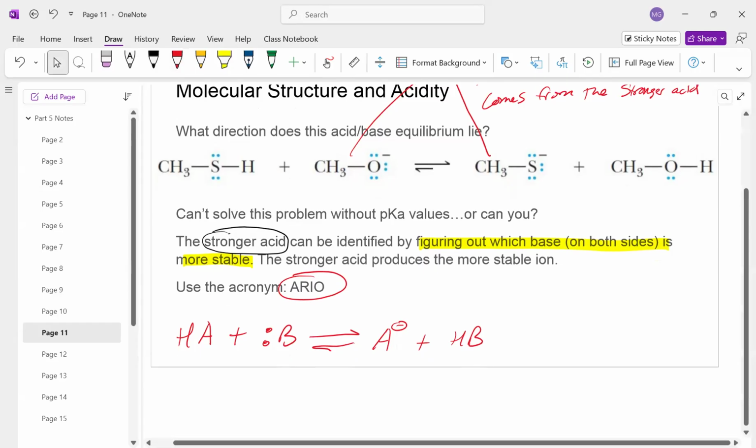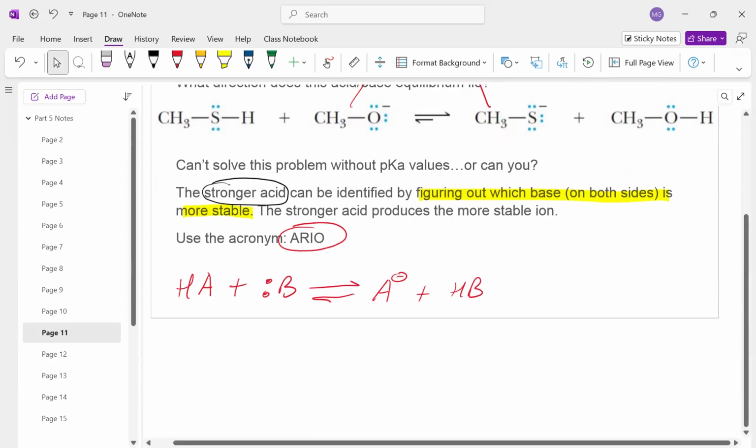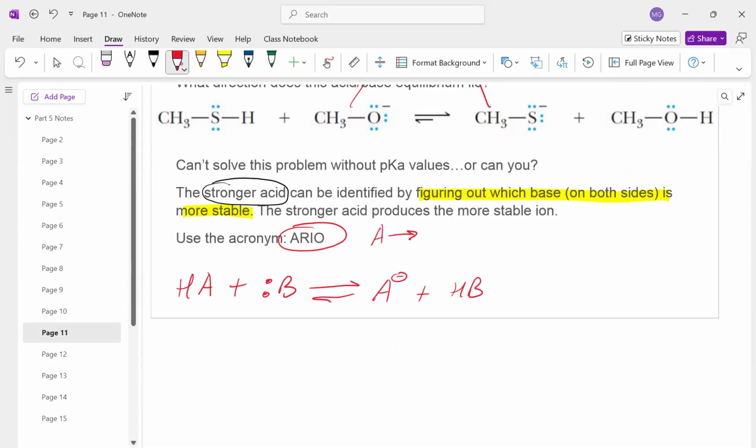Because it's arranged in the order of importance. We always start with A, see if there's a difference. If not, then we go to R, see if there's a difference, and then go to I, and then O. Now there will be some exceptions to this, and I'm going to do a couple examples where an exception applies, and it's few and far between.